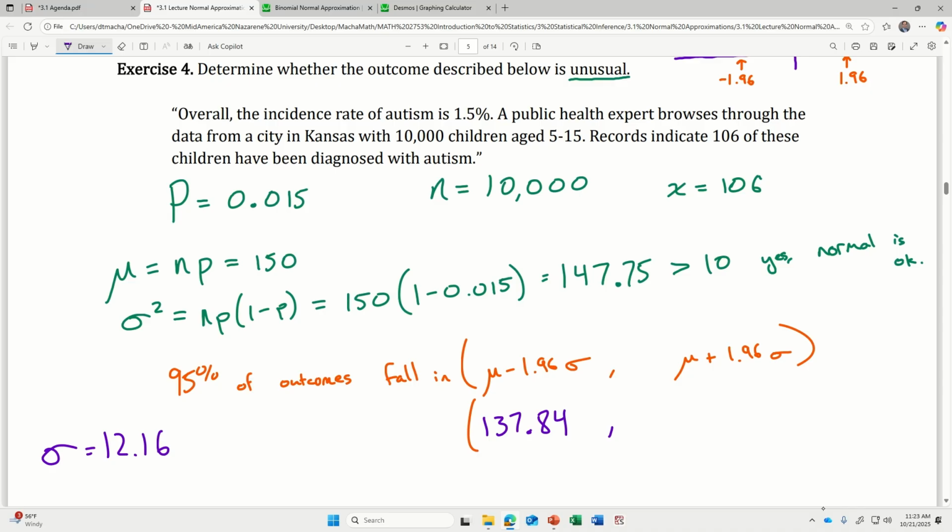And then the mean, oh, I'm not supposed to subtract the standard deviation. I'm supposed to subtract 1.96 times the standard deviation. So let me try that again. I'm going to do 150 minus 1.96 times 12.16. Okay. So now I get 126.2.